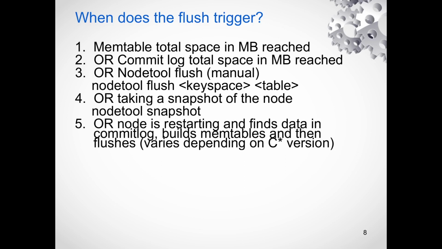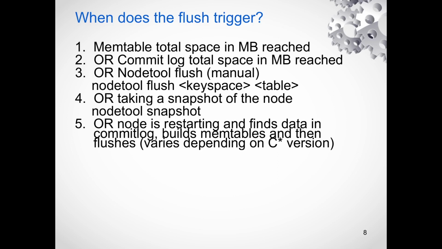And the fifth trigger is when your Cassandra node restarts after a failure. Perhaps it crashed. Perhaps we did kill -9 on the process ID. Why would we do that? But let's assume we did, and you're restarting Cassandra. It's going to take a look and say, okay, I'm recovering from a crash, so let me rebuild the memtables by looking into the commit logs. And once it has rebuilt the tables, it will initiate a round of flush.